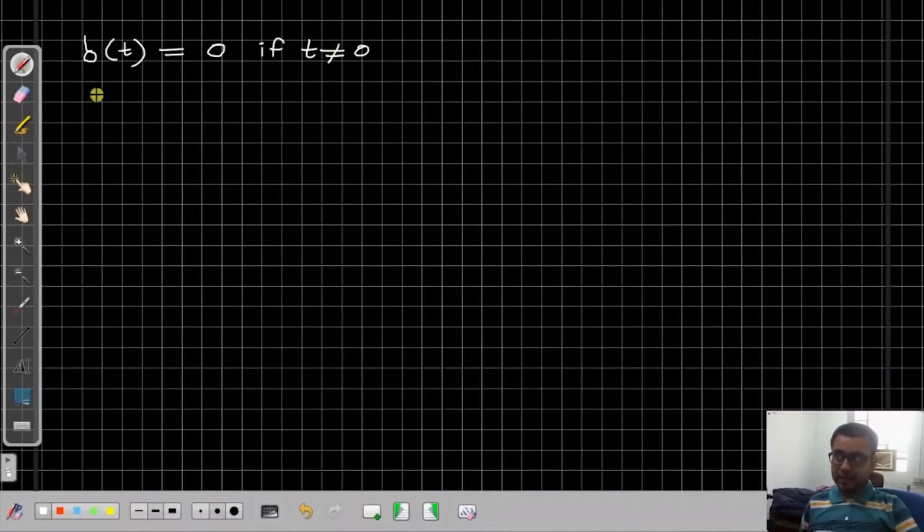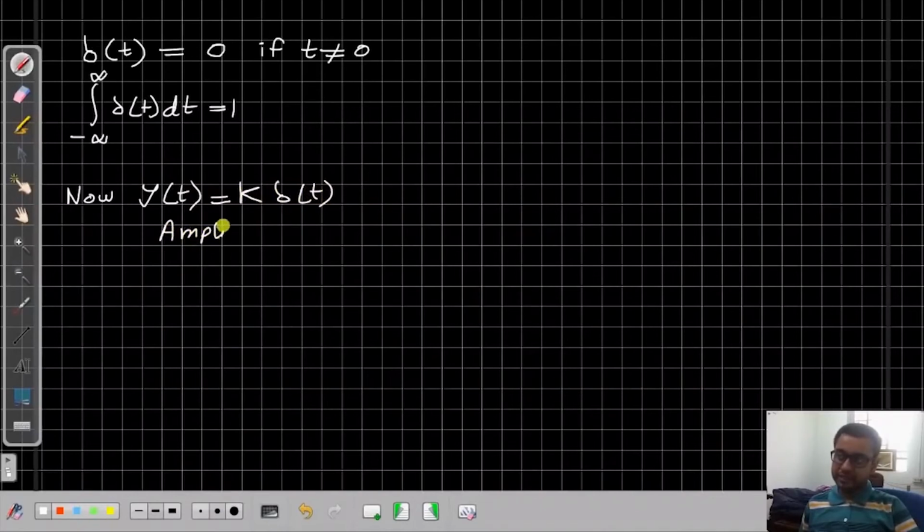However, the area, which is the integration of minus infinity to plus infinity delta(t) dt, is equal to 1. This is the definition of delta(t). Now, imagine another function y(t), which is k times delta(t). So this is amplitude scaling of delta(t).